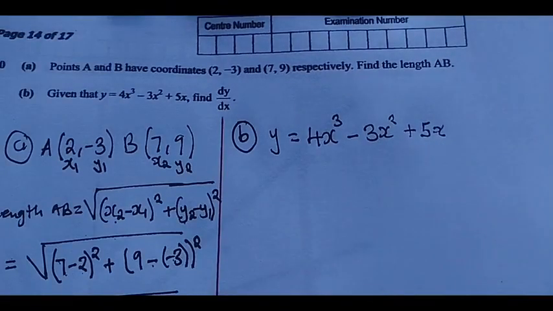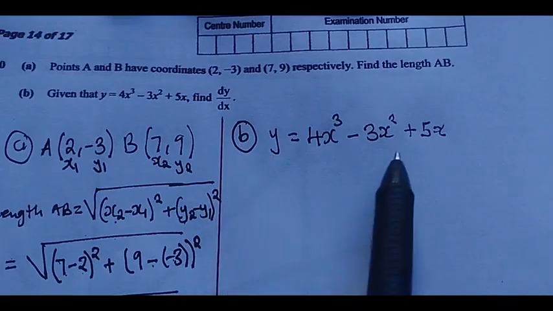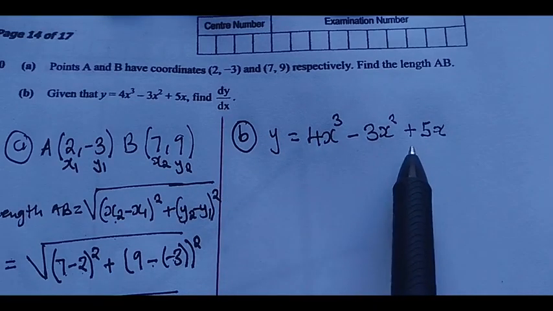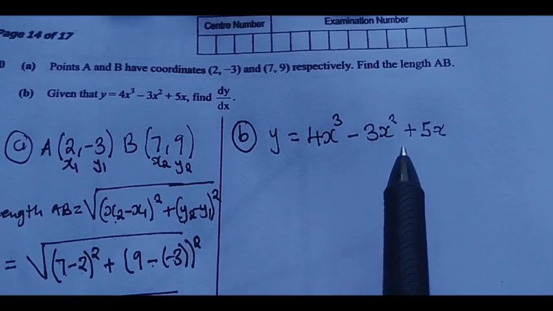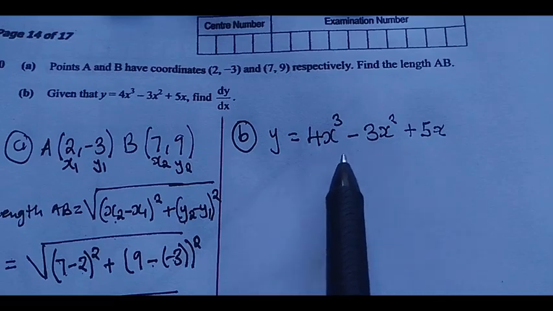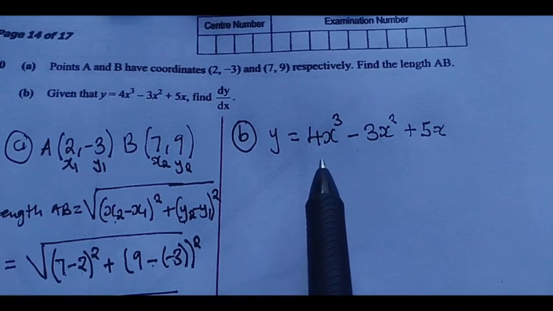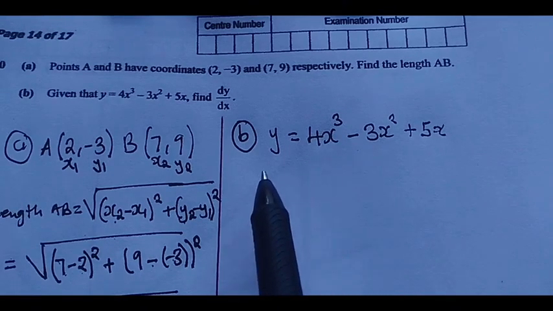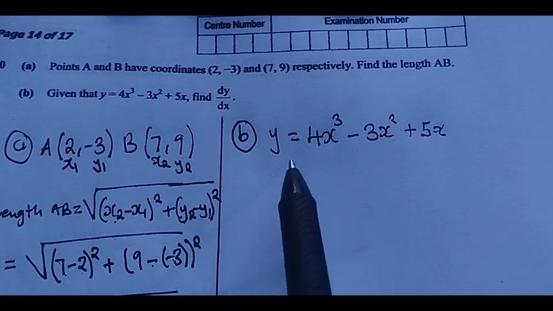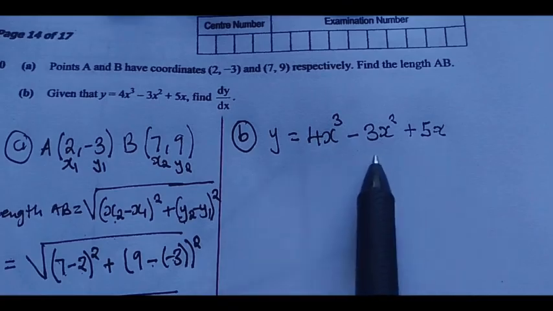So how can we find dy/dx? So dy/dx simply means that you are differentiating this function with respect to what? To x. And one of the rules of differentiating a function, you can differentiate a function using a formula or just using the first principle. These are two ways you can differentiate a function.